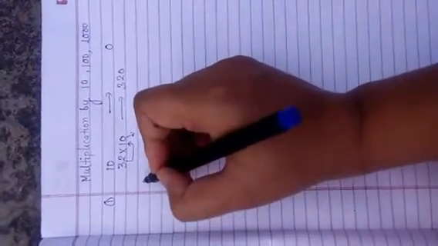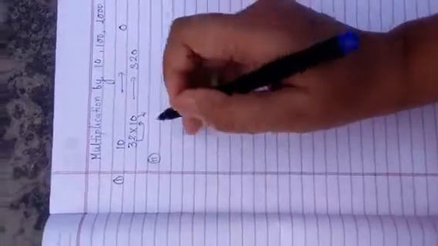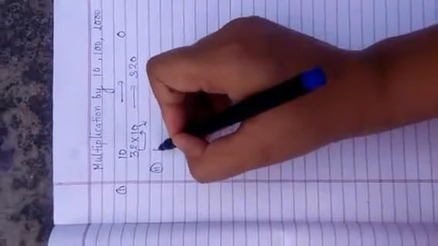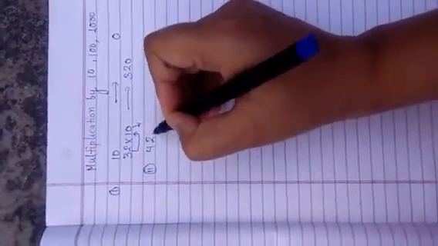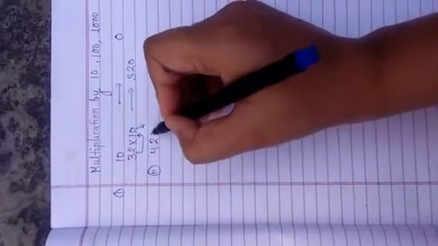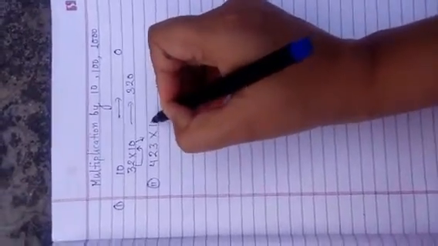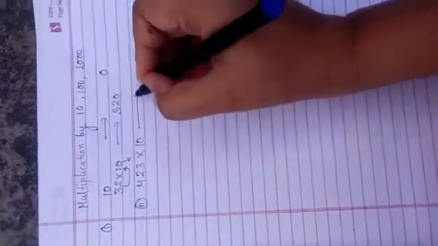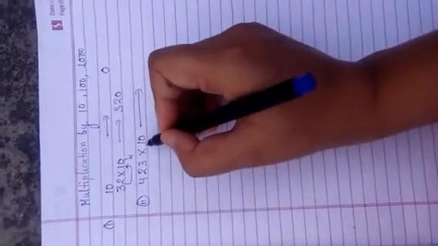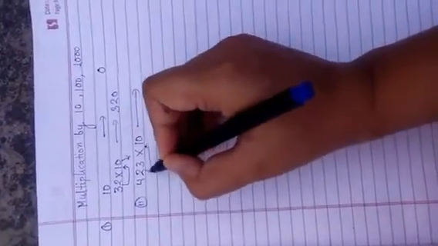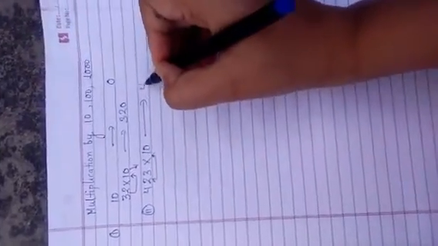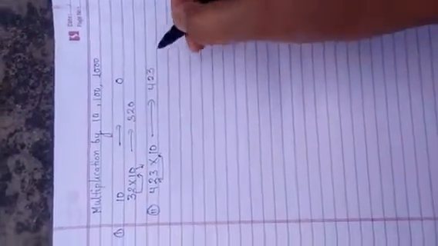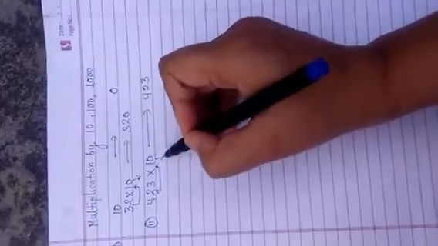Second example, 423 multiplied by 10. Understand, students, there is only one 0. When multiplied by 1 it gives 423, and then one 0.